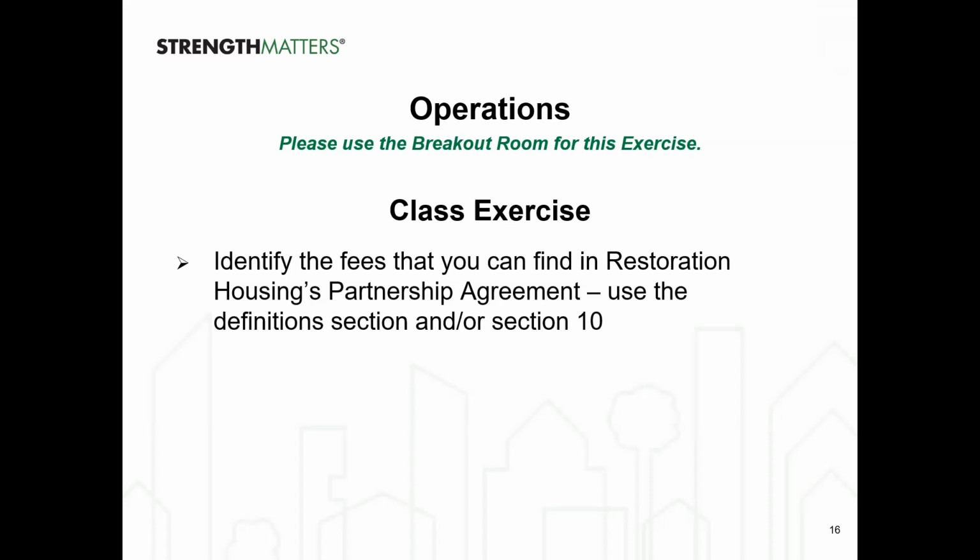Sorry, the agreement is what attachment again? It's handout number 15. 15, thank you. So we need 15 and 17. And 17 is the Restoration Housing LP audit, the first year audit. We're going to be looking at the page that shows the partnership agreement, the partnership split.